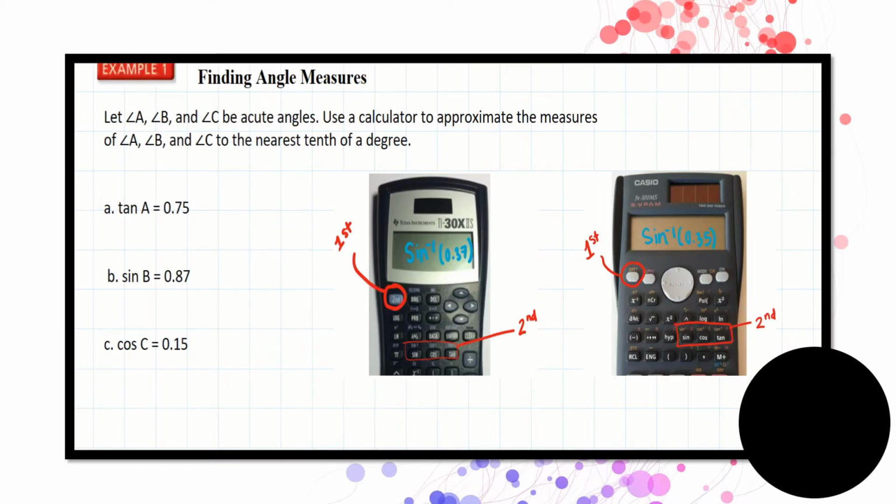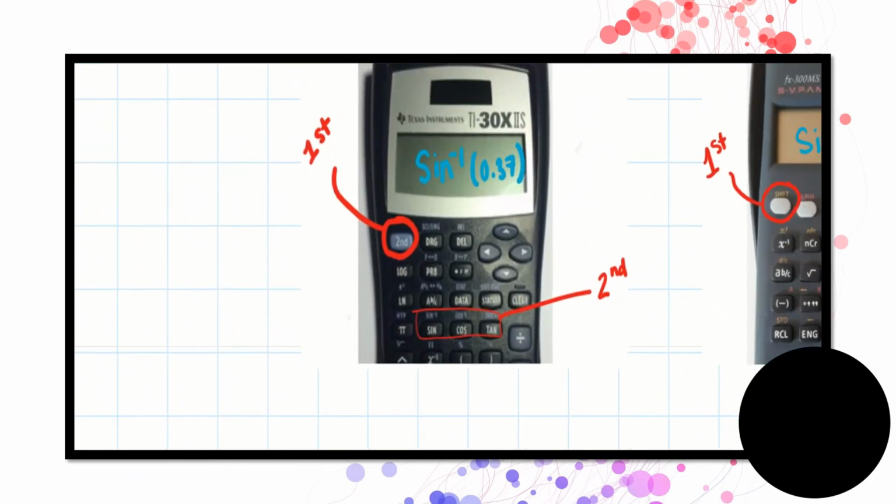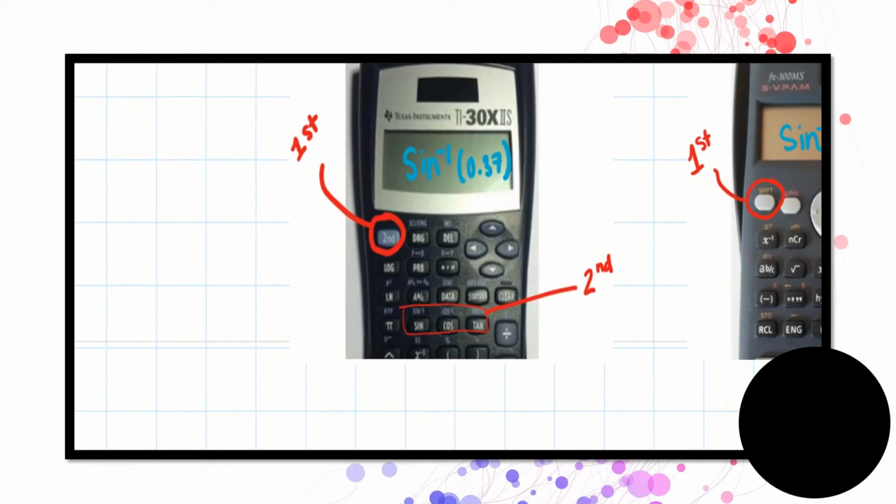If you're looking at the one on the left side, you're always going to press second first. So that's why it says first there. And then you're going to select the trig function that you are working with, whether sine, cosine, or tangent. If you have the one on the right side, then you select shift and then you choose the one that you're working with.